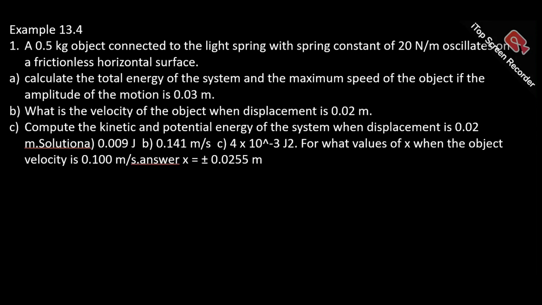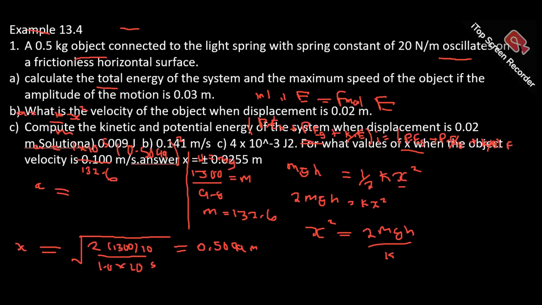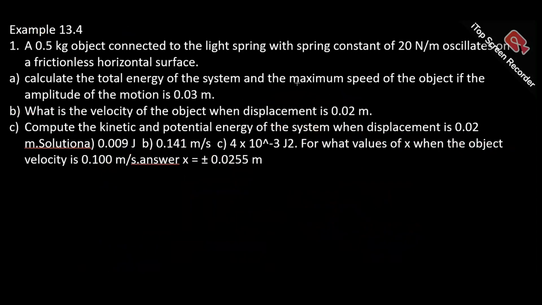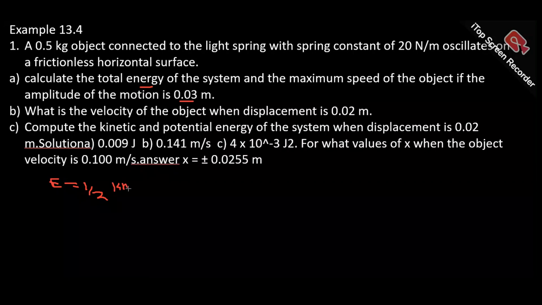Even this question is very simple. Think about it. They're talking about the total energy, and we've been given the amplitude. So the total energy, as we said, is going to be given by, instead of putting x here, it's going to be A, because that is the maximum amplitude. And we're going to substitute your data.